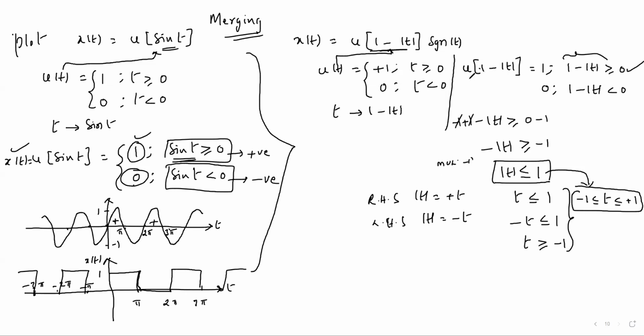So first we are plotting u of 1 minus mod t, and then we can multiply with the signum function. So if you plot u of 1 minus mod t, the plot is like this.